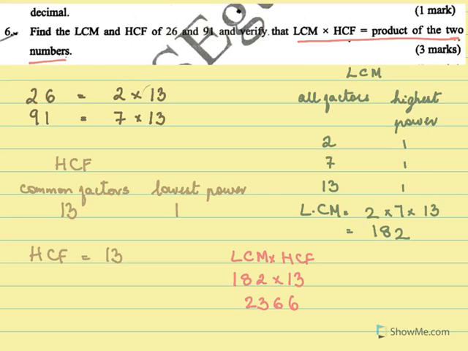On the other side, I need to find the product of two numbers, and you know our numbers were 26 and 91. And when I multiply, I also get 2366.